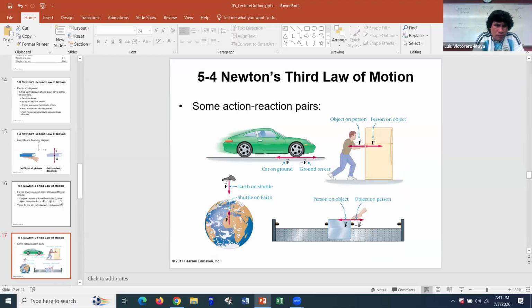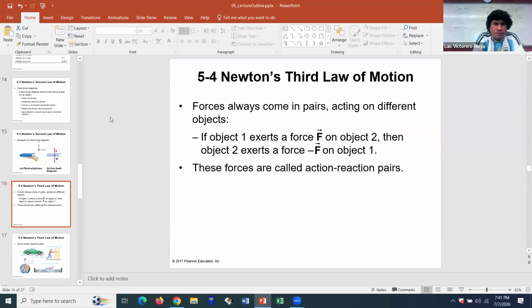By the way, that's Newton's third law, right? Forces always come in pairs. If object 1 exerts a force on object 2, then object 2 exerts a force on object 1. So here it is.